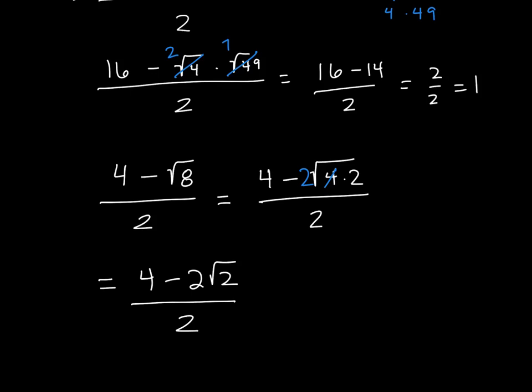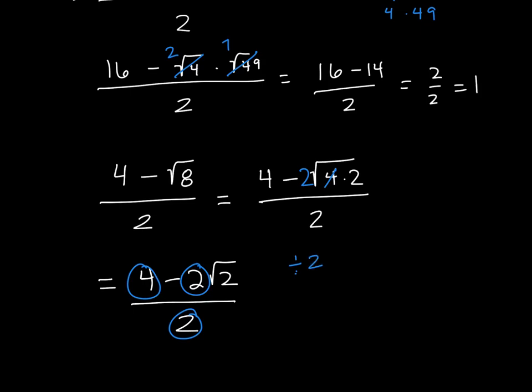So at this point, what we can do is take one number that divides into all three numbers that are outside the radical, and I'm going to divide each of those three numbers by 2.